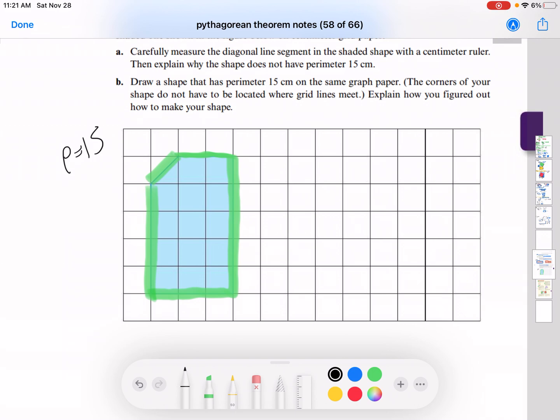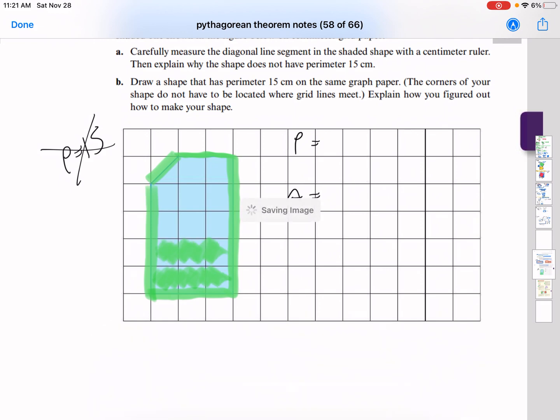And that is not correct. We can see what the perimeter is and what the area is. Now, area is square units. So there's 1, 2, 3, 4, 5, 6, 7, 8, 9, 10, 11, 12, 13, 14, and that's just a half.